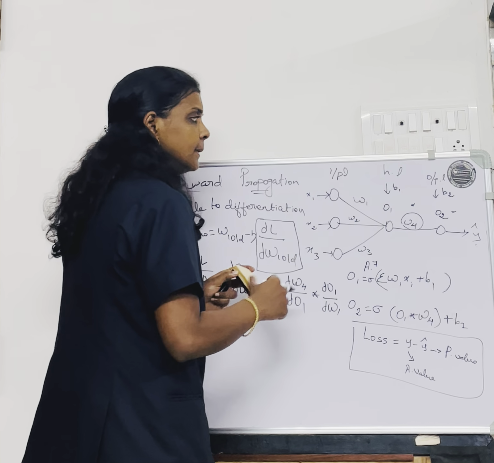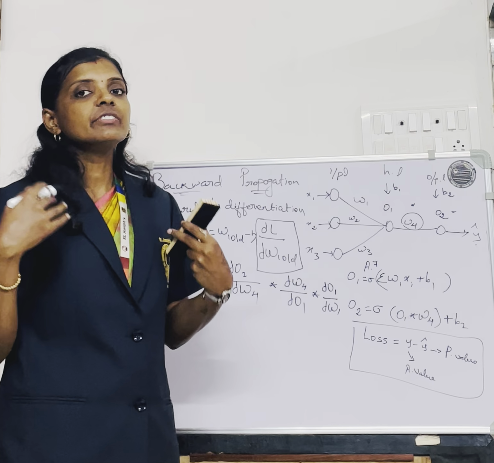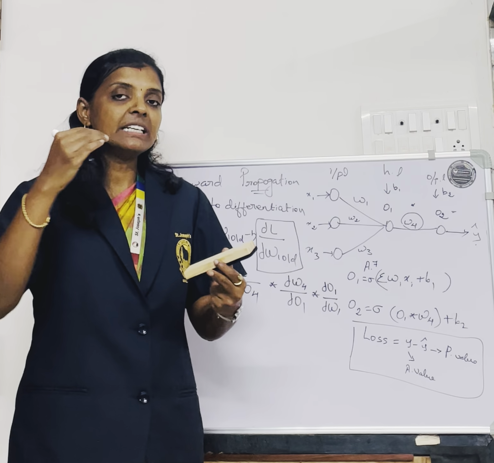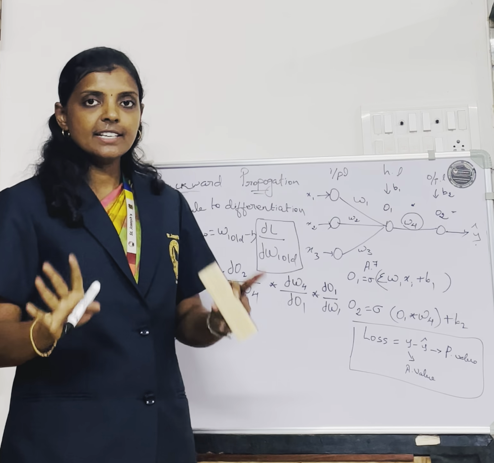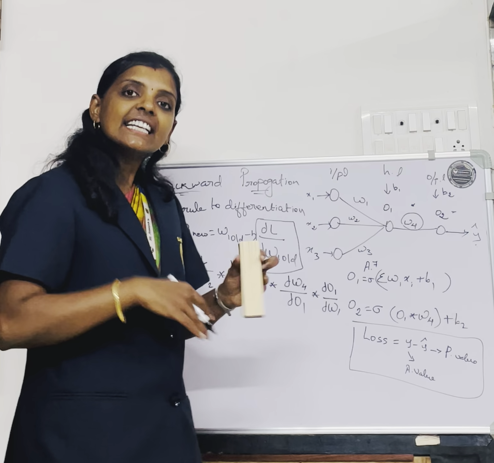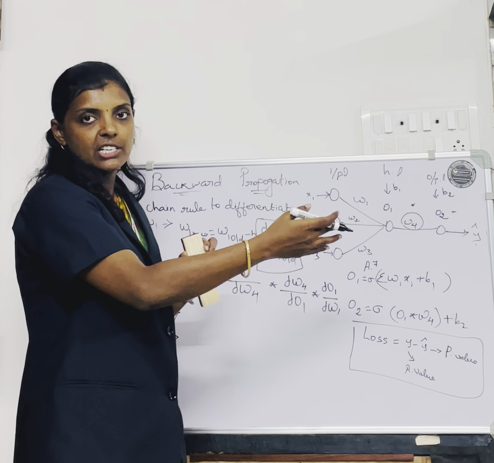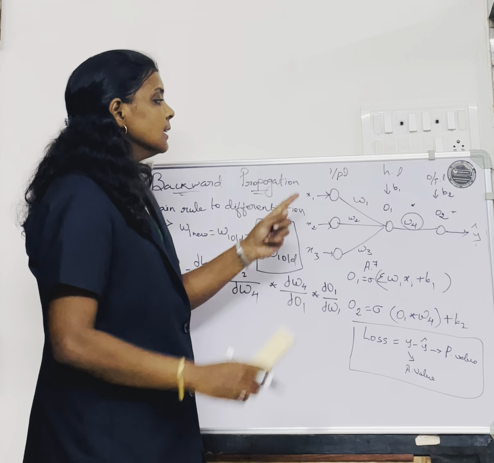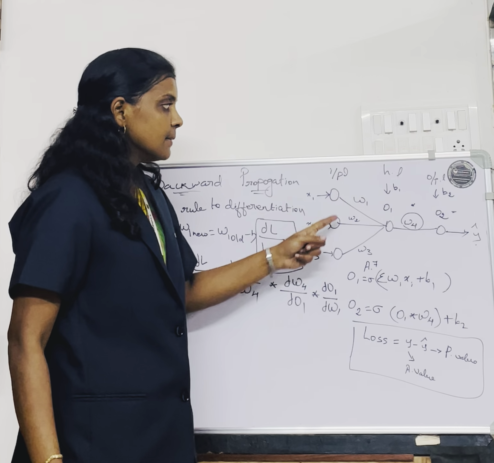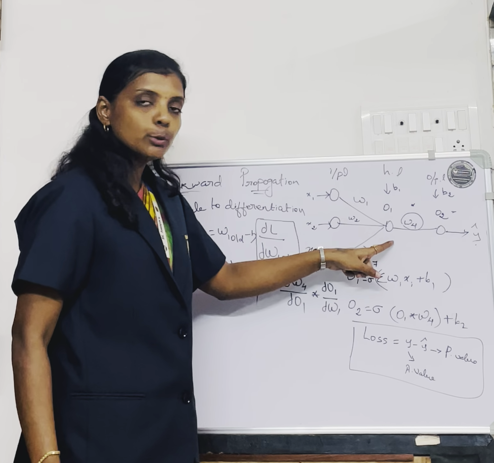Once you update all these weights, how can we identify whether our loss has been reduced or not? Very simple. Once all the weights are updated, again we have to do the forward direction, forward propagation. Same methodology: input values, we have assigned new weight values, same output 1.